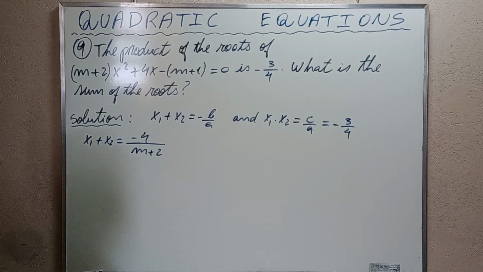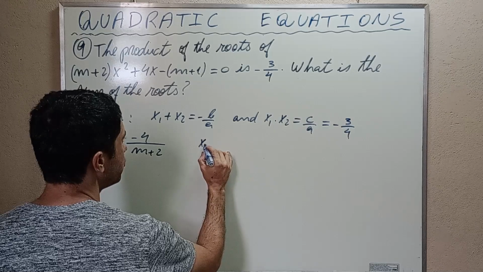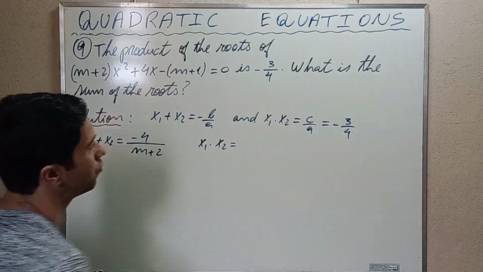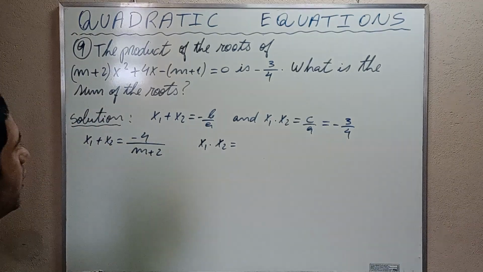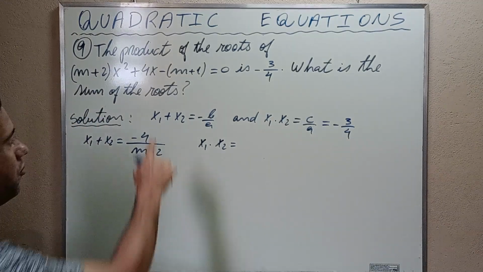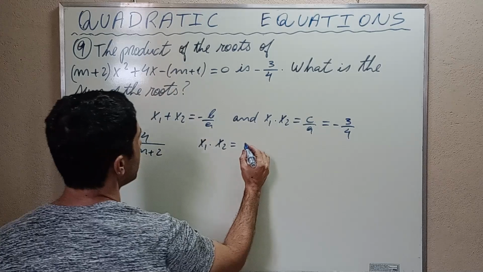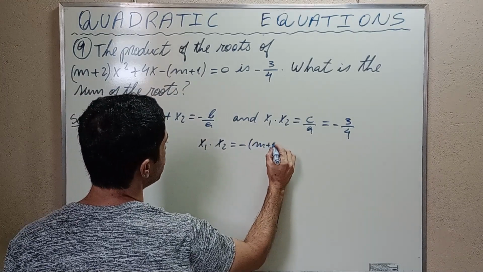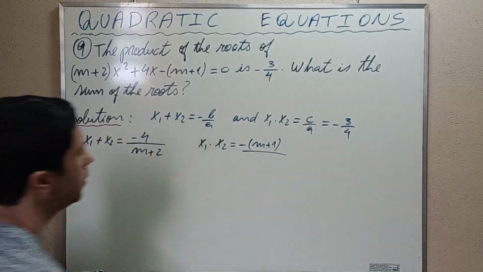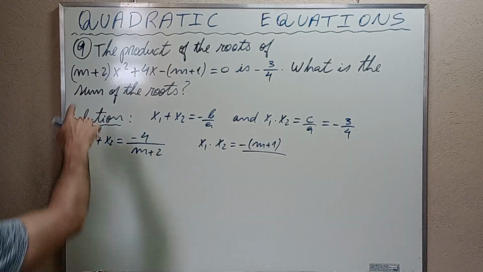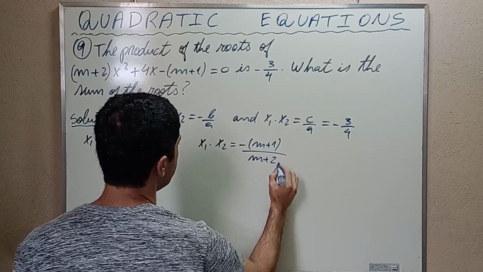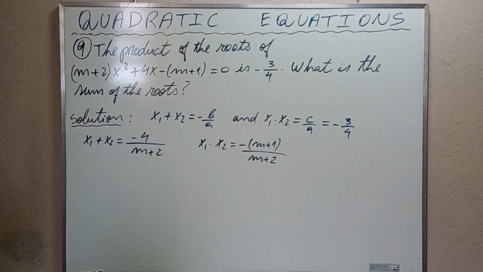Observe also that x1 times x2 is equal to c over a, where c is negative m plus 1, divided by a, which is m plus 2, okay?